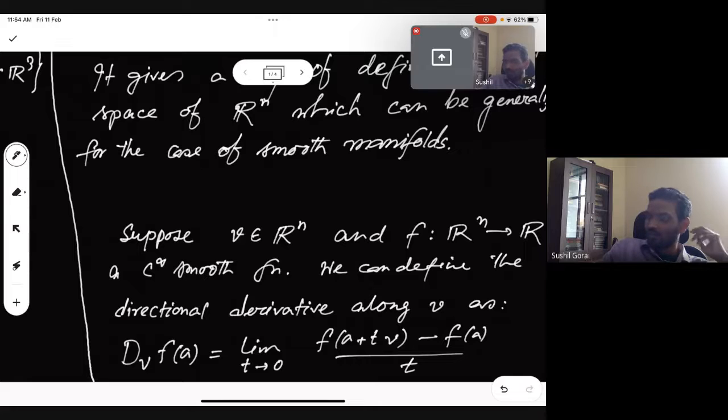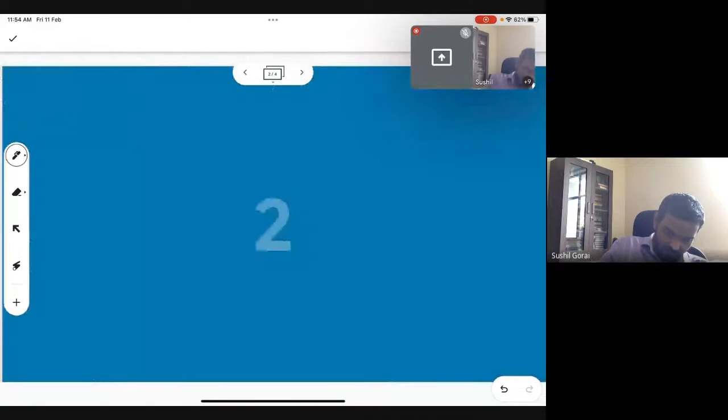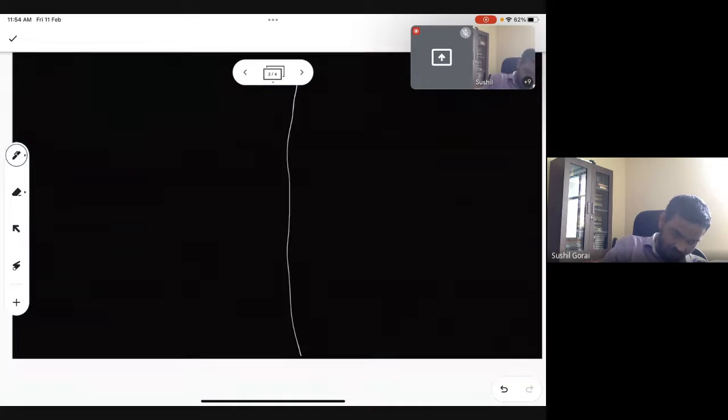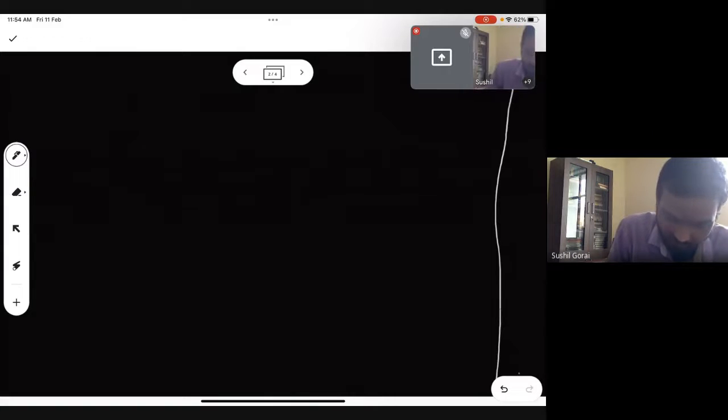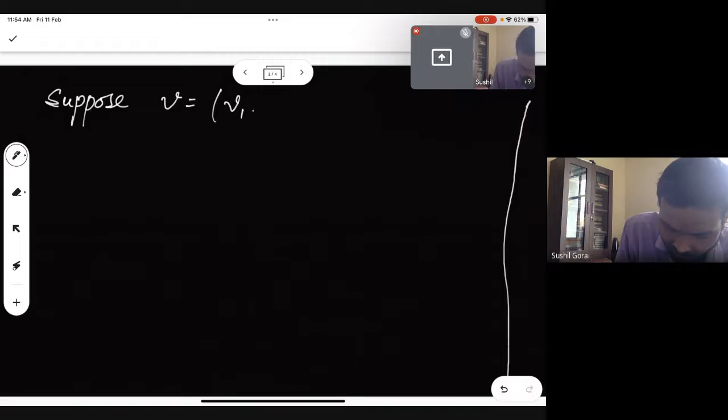So how can you write this thing? Let's go to the next page. Suppose V is (V1, V2, ..., Vn).